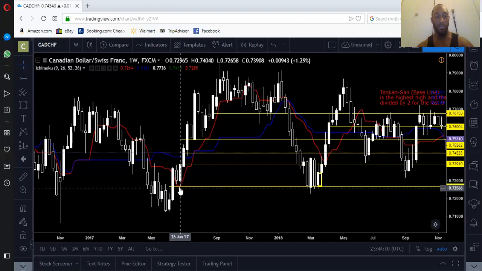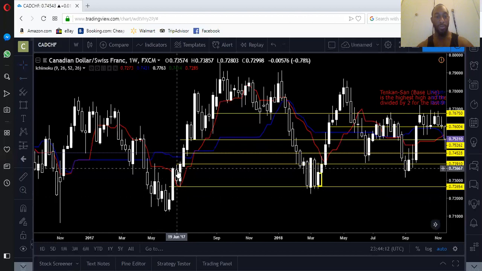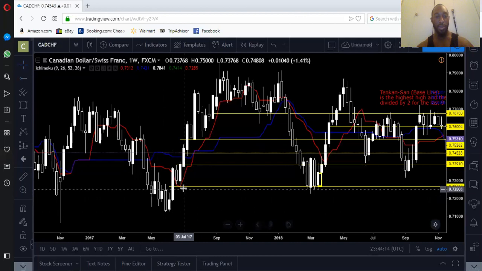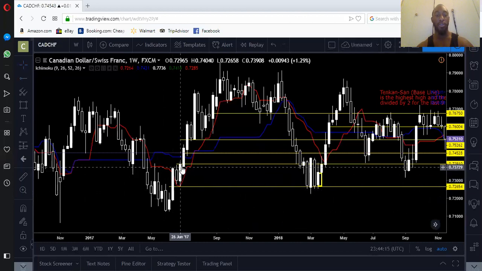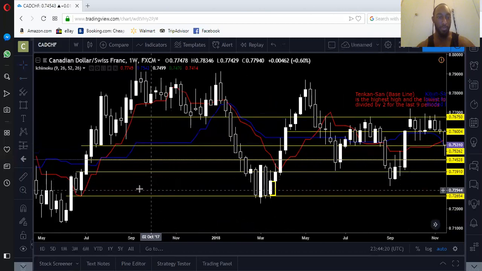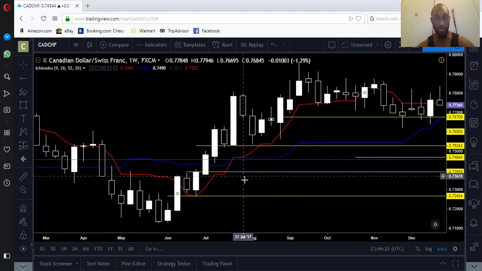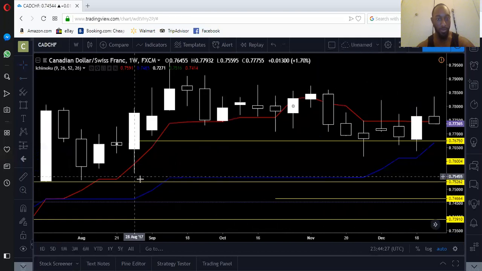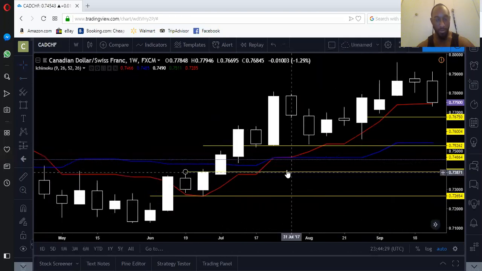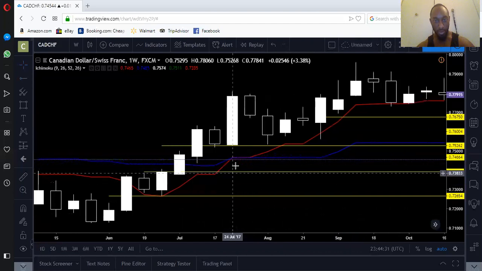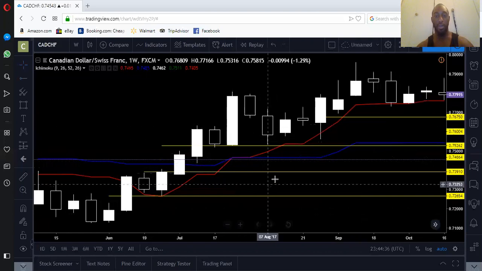It tested this level, so it came up, came down to test this level, then pushed up. So I probably would have entered actually right in here, then rode up. See that? Exit here if you wanted to take profit here.